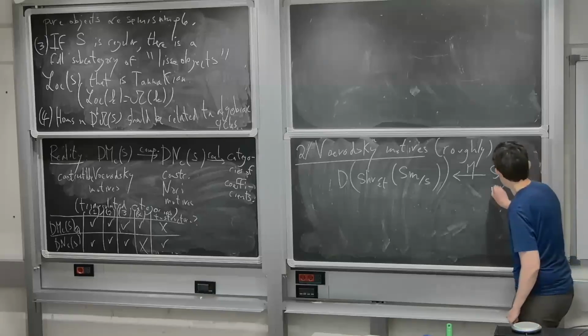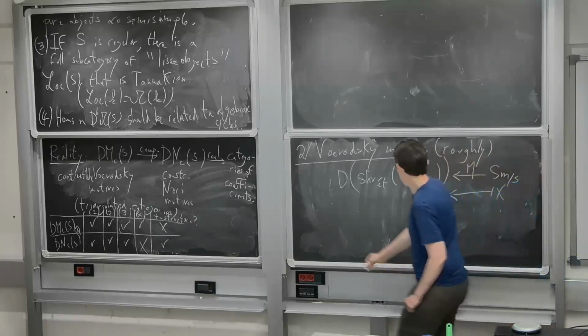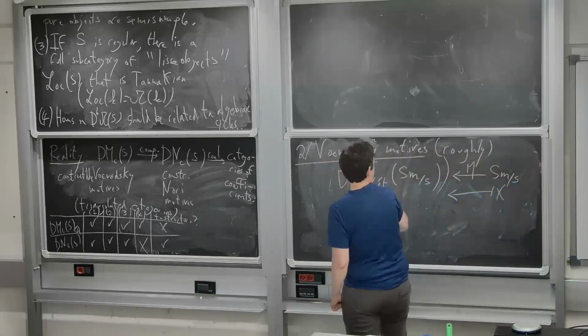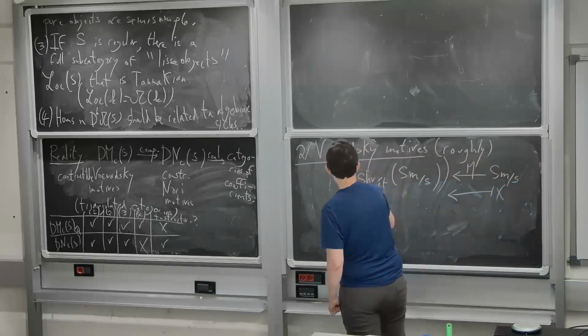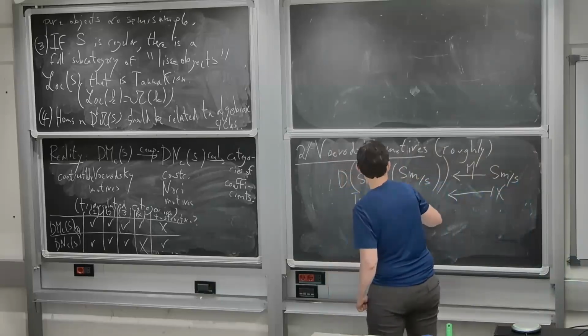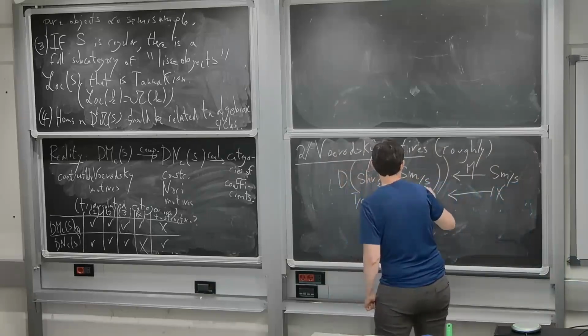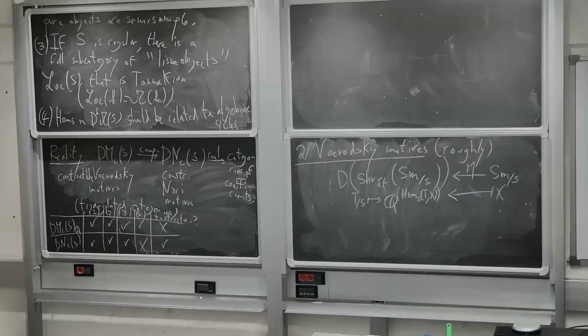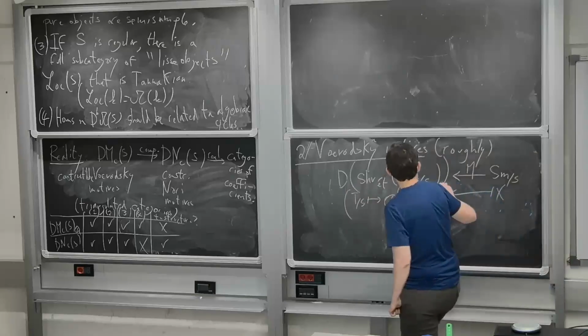You send X to the presheaf T goes to Q of the Hom set, the free Q vector space on this Hom set, and then you sheafify it.